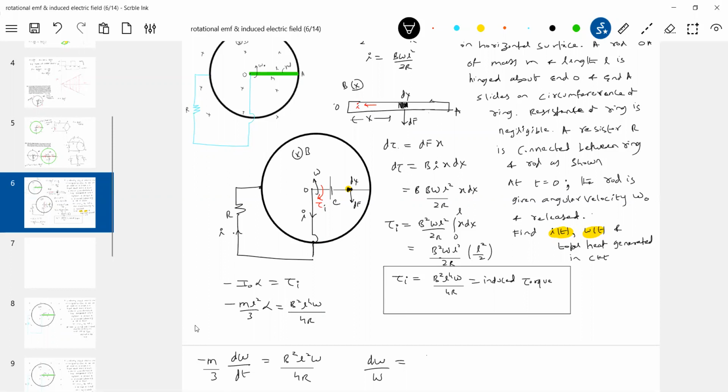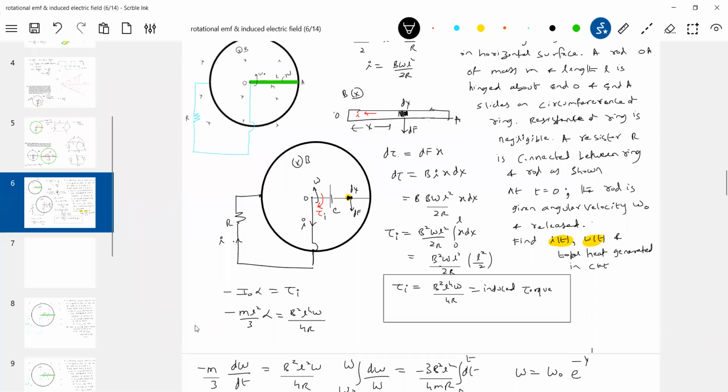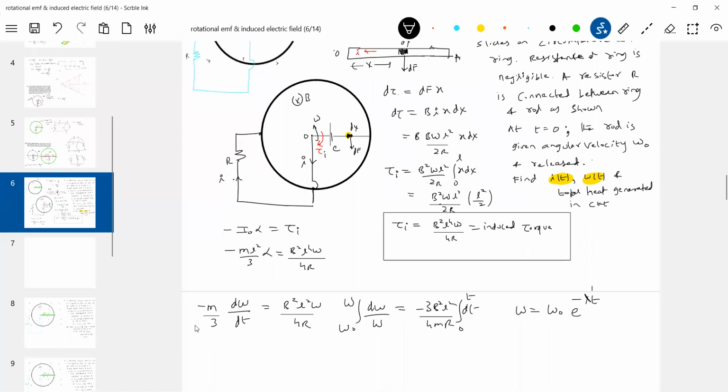So the rest, everything, this will be 3 B square L square by 4 m R, minus dt, integrated from omega naught to omega t. Omega equals omega naught e to the power of minus lambda t. What is that lambda? Lambda is all those terms. Similar thing, no? They're also exponentially decreasing.